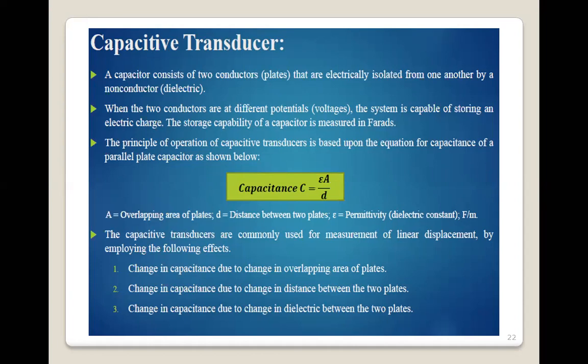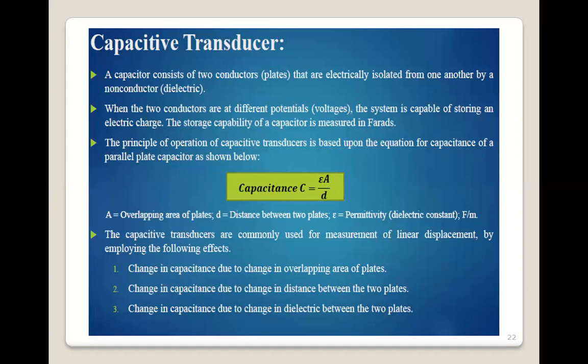The capacitance consists of two conductors. They are electrically isolated from one another by a non-conductive material. When the two conductors are at a different potential, the system is capable of storing electric charge, and the stored capacity of capacitance is measured in farad.